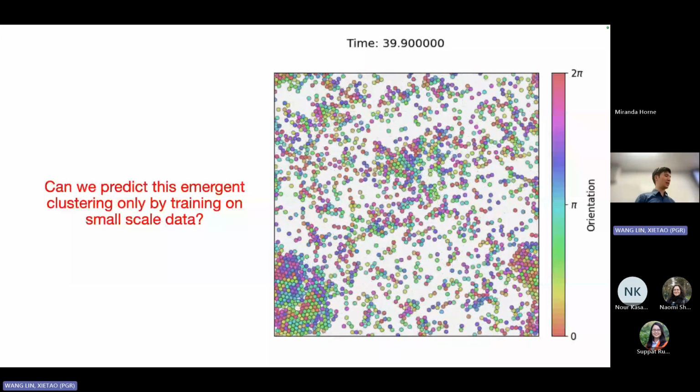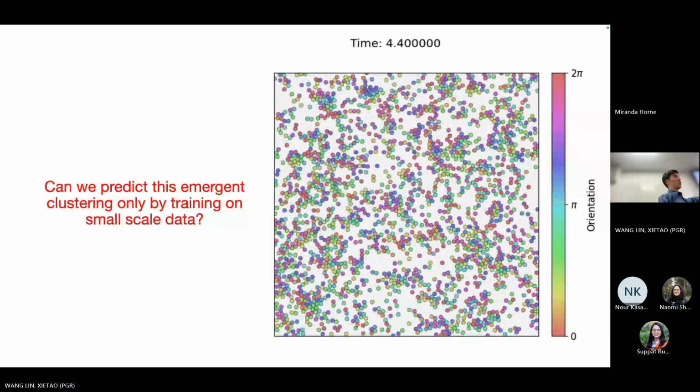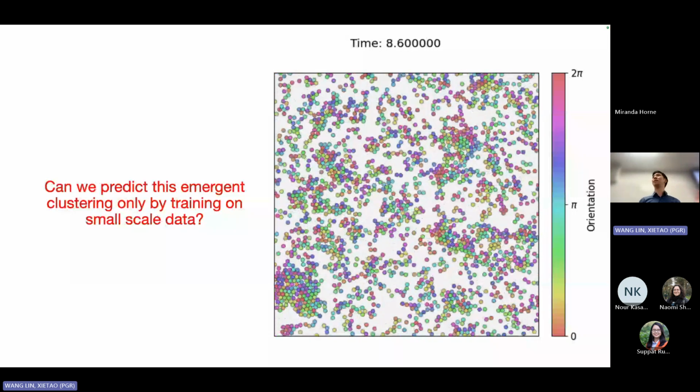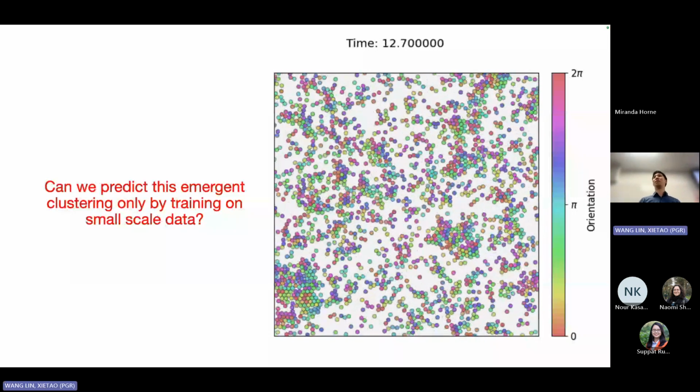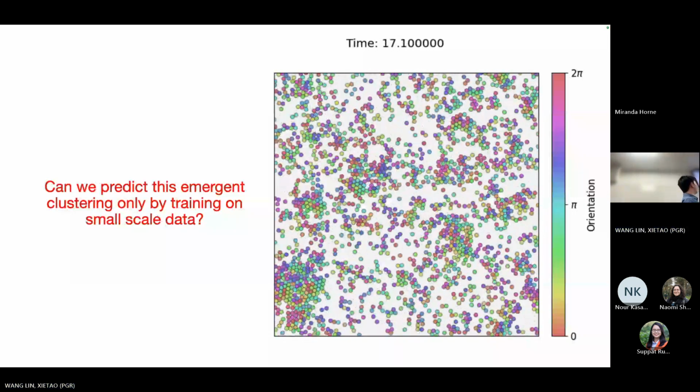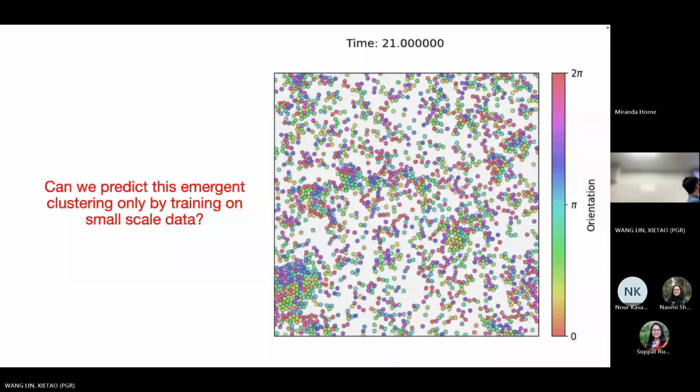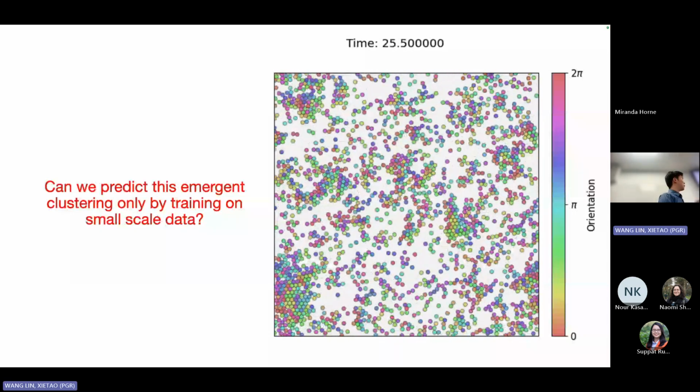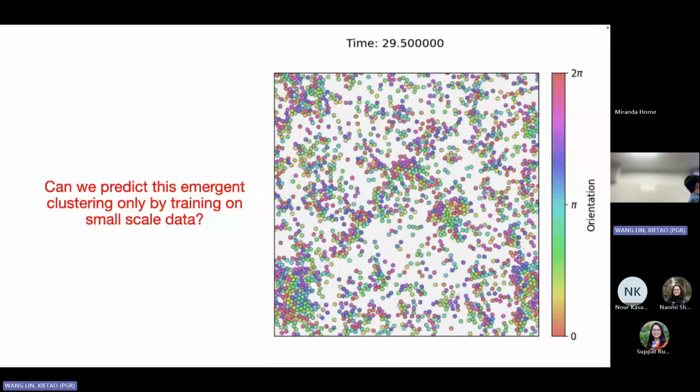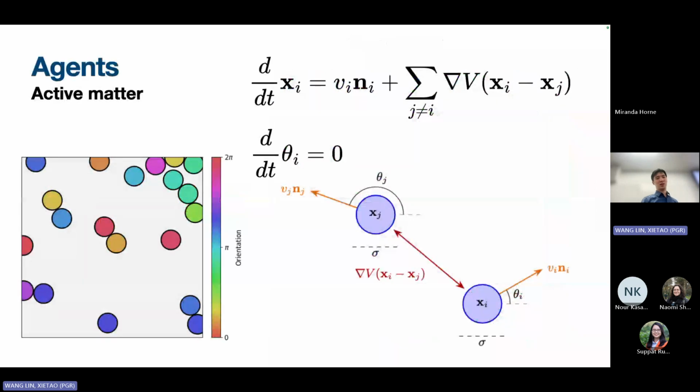So the hope here is that we're going to train our graph neural network. Yeah, periodic domain. The idea here will be to use the graph neural network to train on data that looks like this.